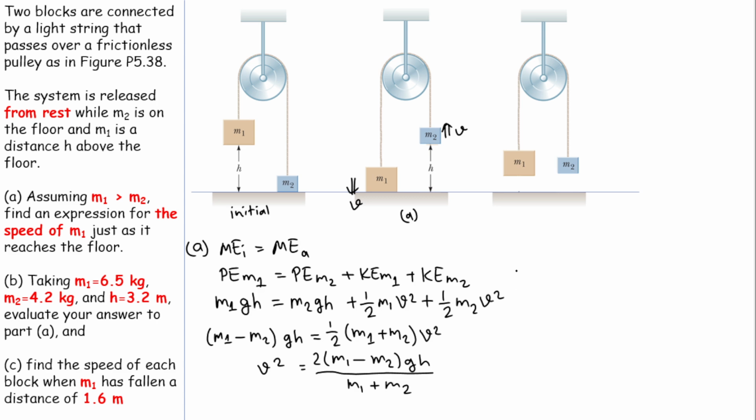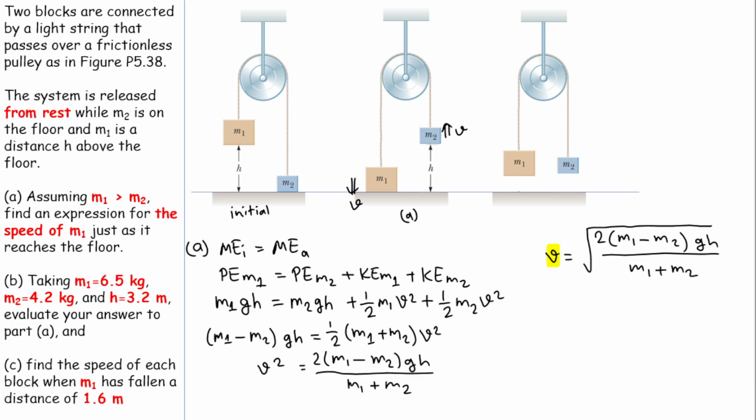And we can isolate that for V. So we will have the square root of all of that: V equals the square root of 2 multiplied by M1 minus M2, multiplied by gh, divided by M1 plus M2. Good, and that is the answer for question A, the expression for the speed.